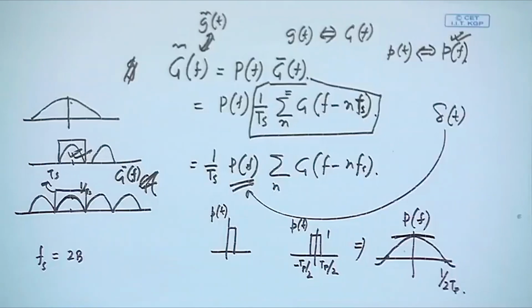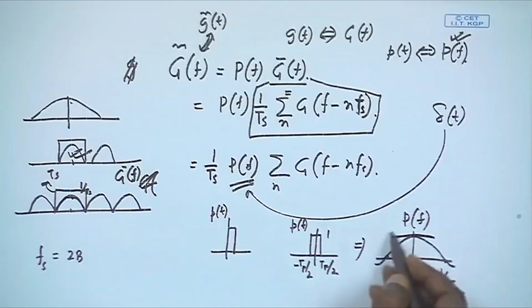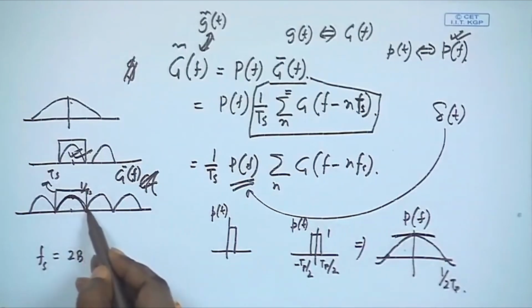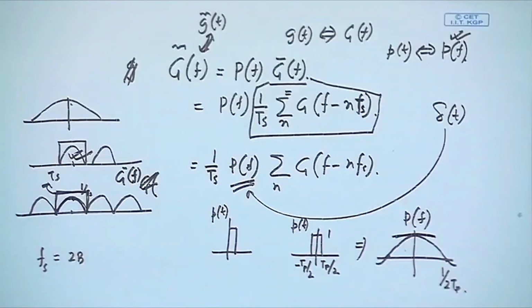So, that is what you will have to do whenever your pulse is not an impulse function. Instead of having an impulse function, you can have a finite duration pulse, but the lesser the width of the pulse, the better you will be in terms of distortion of the original signal. If this is flat enough, it will remain almost intact, and I can now put an ideal low pass filter and get my signal back without much distortion.